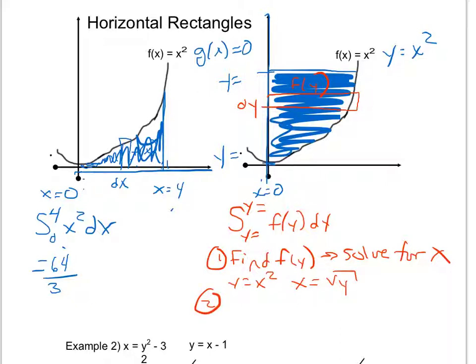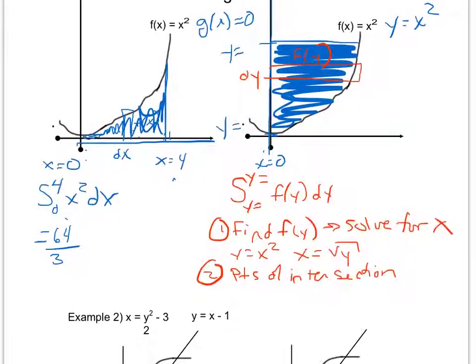The next thing I have to do is find my points of intersection. I was already told before that this is happening when x is 0 and x is 4. So I'm going to plug x equals 4 into my function here, and x equals 0 into my function here.